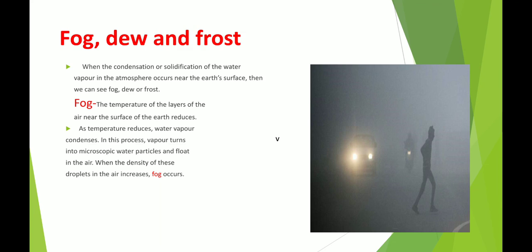This is called fog, and when the density of these droplets in the air increases, fog occurs. You can see in the picture, visibility also reduces due to dense fog. So fog is microscopic water particles floating in the air.